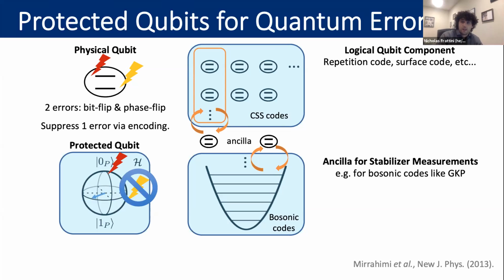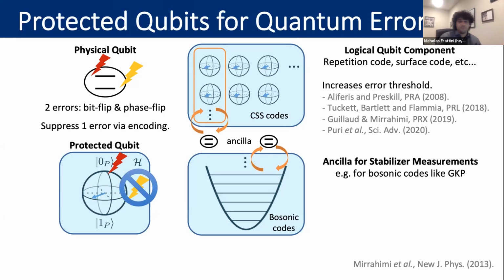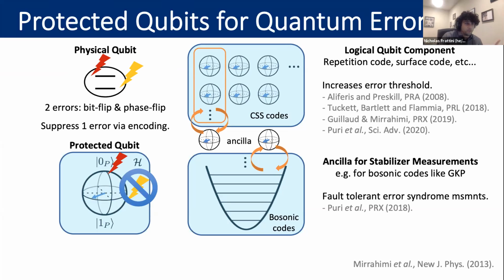And it's been shown now, as Shruti just talked about quite extensively, that if we can use these now protected qubits as components in our repetition code or our surface code, we can increase the error thresholds. Similarly, if we replace our ancillas with these protected qubits, we can use them to do fault-tolerant syndrome measurements, so that we can use that good coherence not to do some horrible back action on the state that we worked so hard to create inside, say, our bosonic mode.